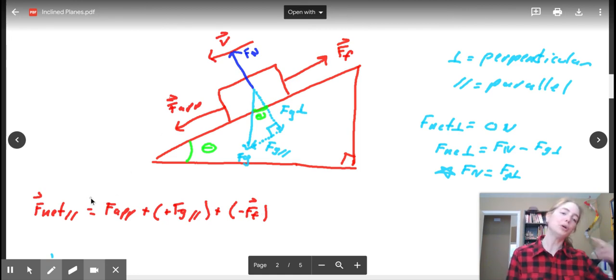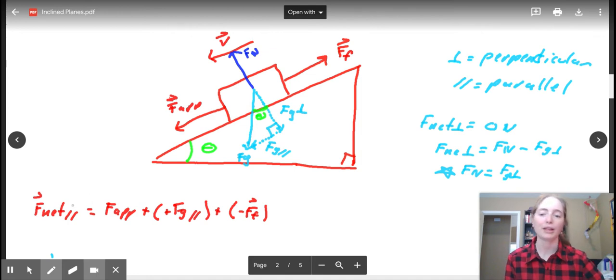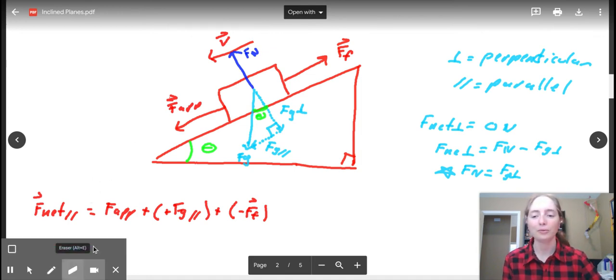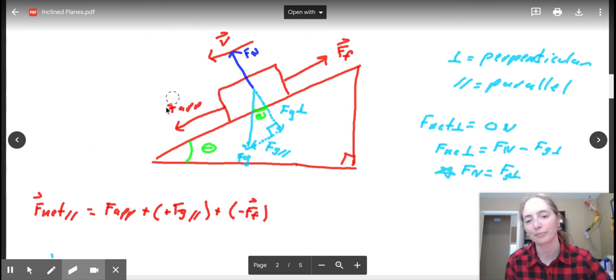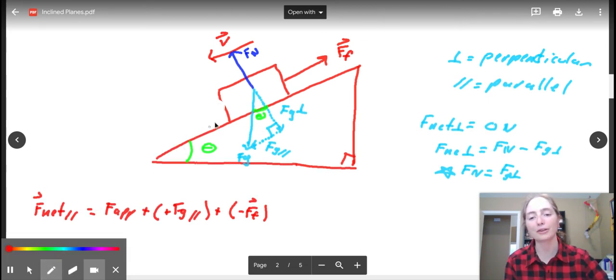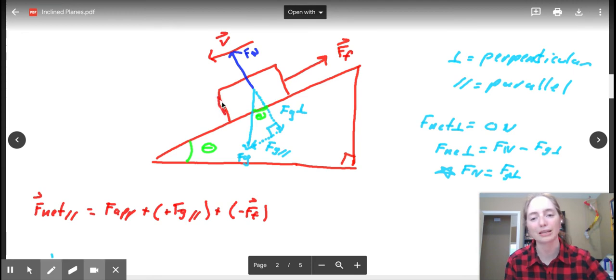So that's if you're pulling an object down the ramp. Let's look now if we're going to let an object just slide down a ramp. If you're going to be letting an object slide down a ramp or coast down a ramp, that means there is going to be no force applied.